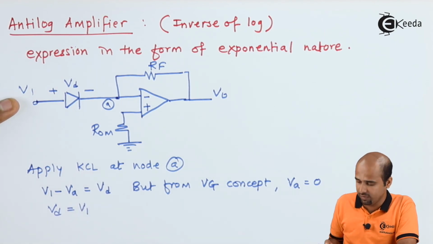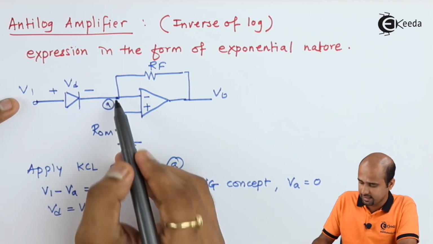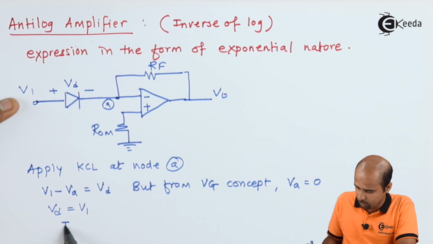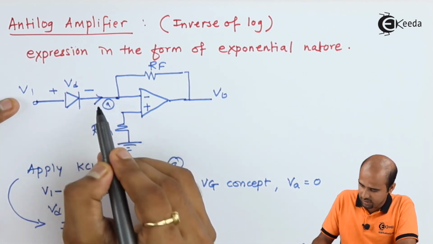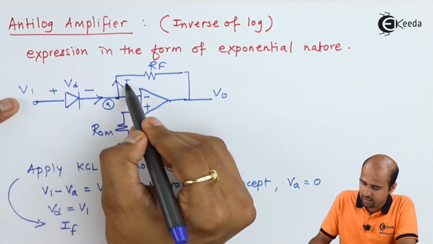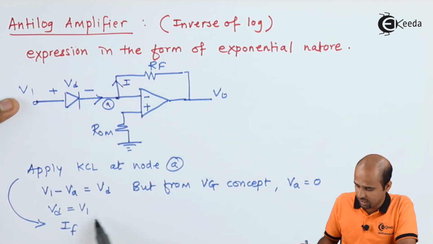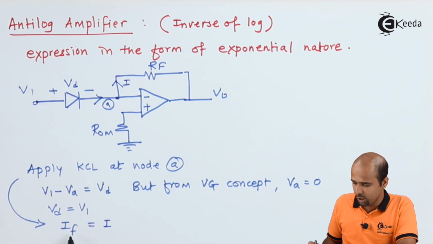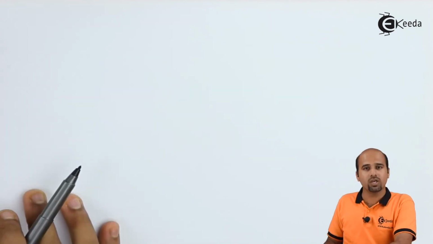And now we will apply KCL such that this expression is in the form of IF. This IF is incoming and this I is outgoing. IF is equal to I. We will put the value of IF and I here. What is the value of IF?